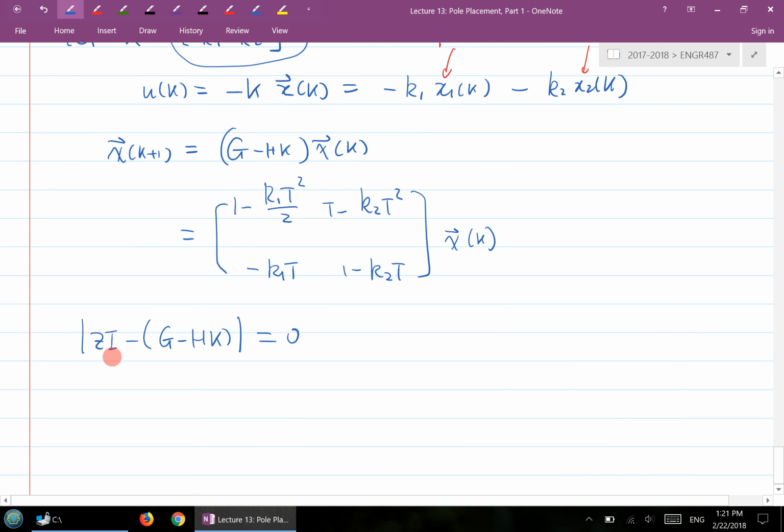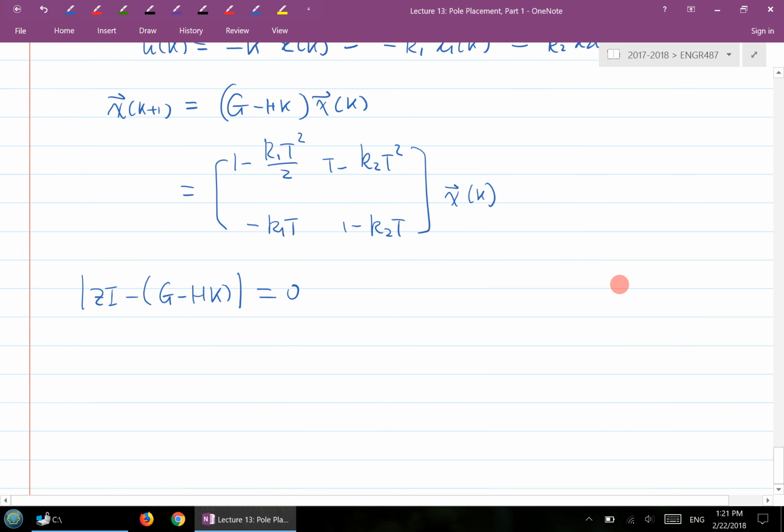Then you let the determinant equal 0. If you substitute zI here, this is basically [z, 0; 0, z], and then minus this matrix, and then calculate the determinant of the 2 by 2 matrix. Overall, you'll be able to simplify this whole thing into this expression.